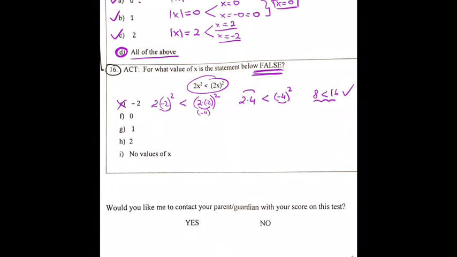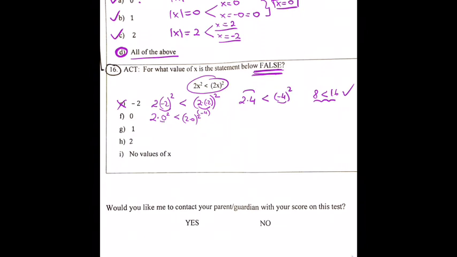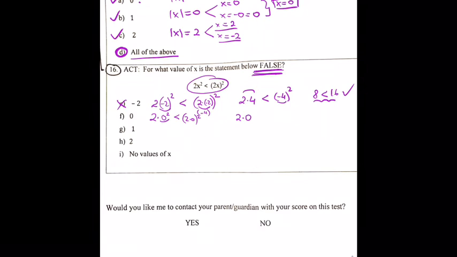Let's look at F. Next one says 0, so I plug in 2 times 0 squared less than, parentheses, 2 times 0, everything squared. What is 0 squared? Well, 0 squared is just 0, so I get 2 times 0 less than. Solve the parentheses first. 2 times 0 gives me 0 squared.